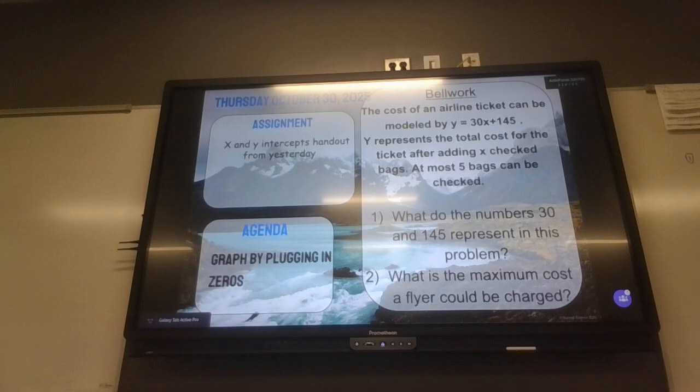X equals checked bags, and Y equals cost. So what do 30 and 145 represent? Cost of what?